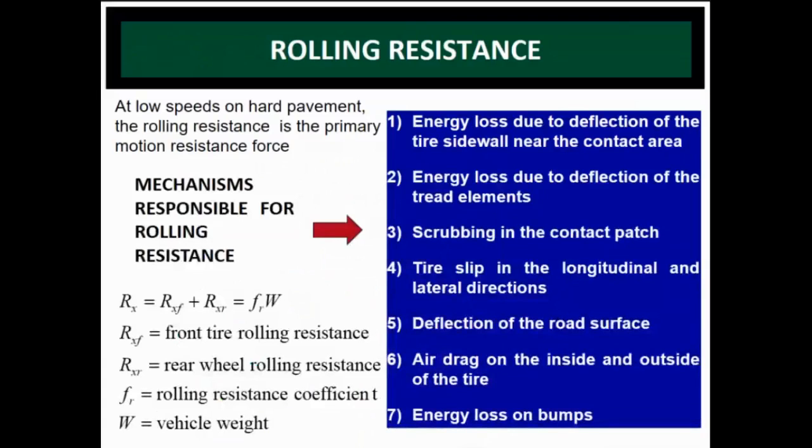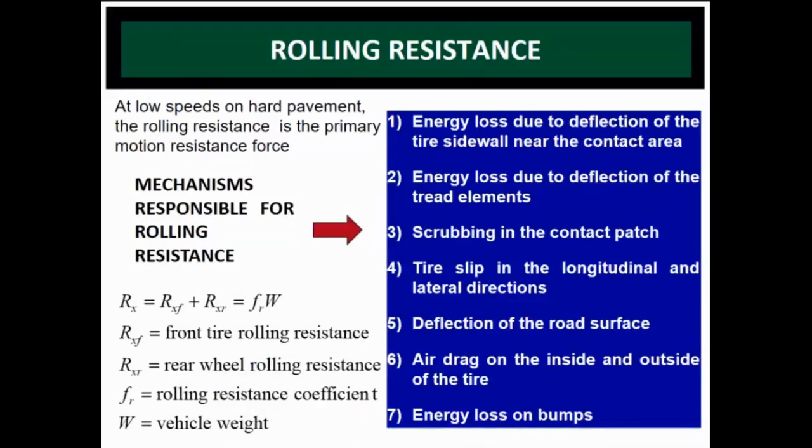Okay, so kita habis untuk road loads for aerodynamics. Next, we go to the next road load, which is rolling resistance. Okay, at low speeds on hard pavement, the rolling resistance is the primary motion resistance force.